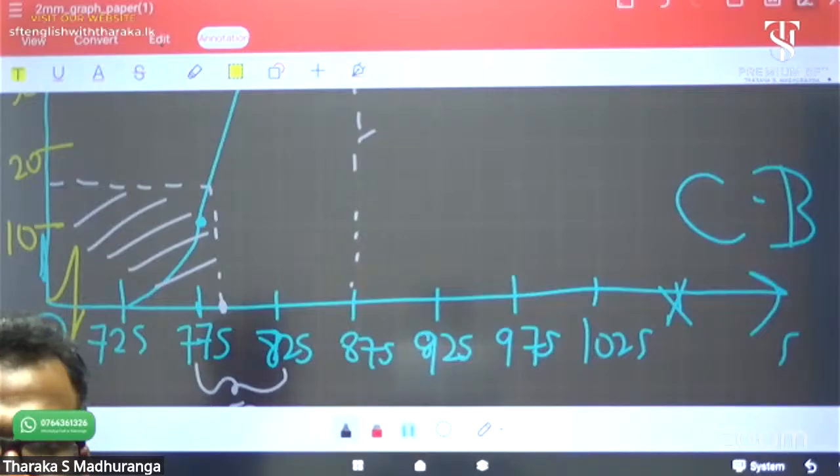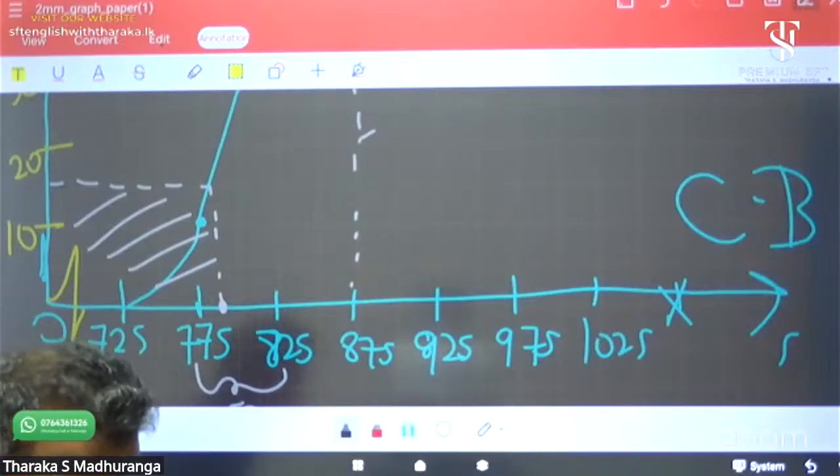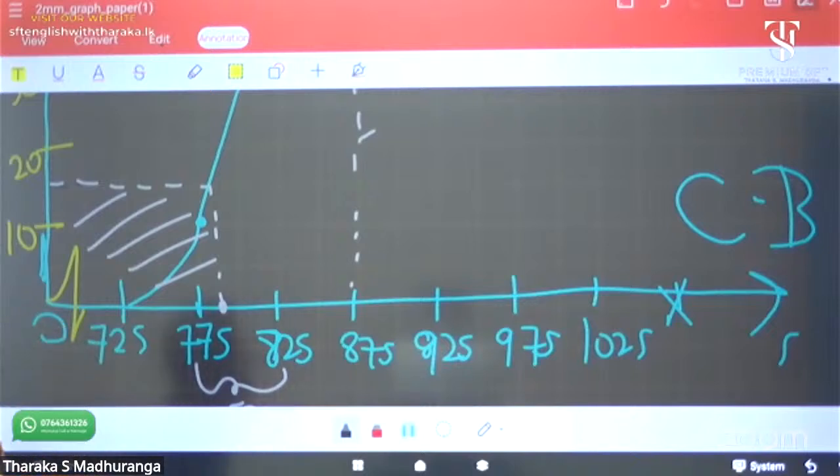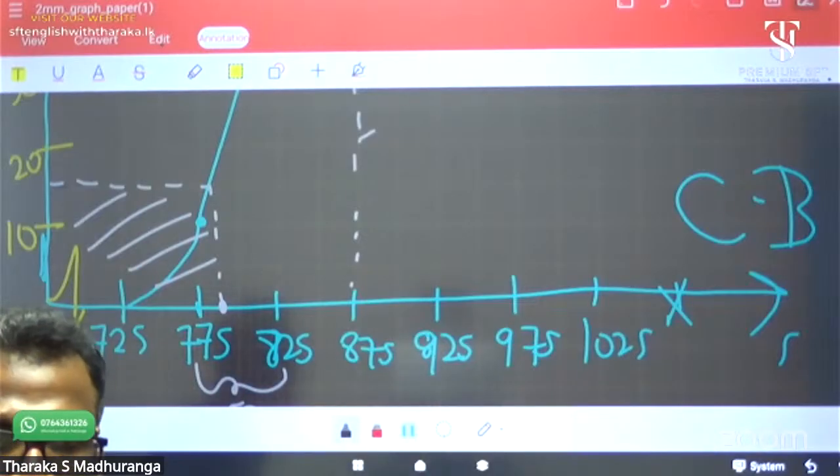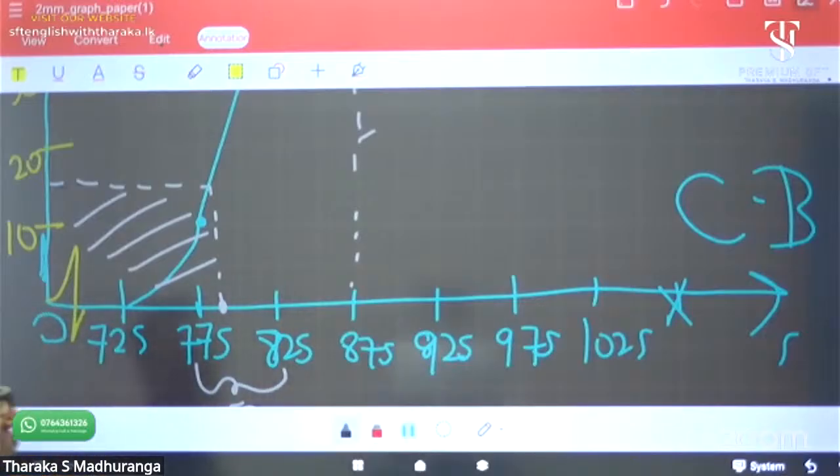Others? Sarmia, least 20%, maximum weight. 790. Okay. 780. Okay. No issue.